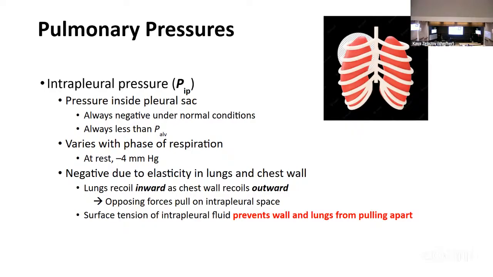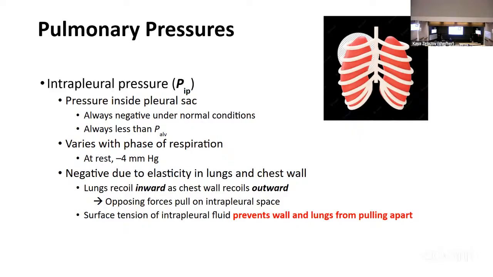So now we're going to add on our third lung pressure that we're thinking about. We're going to think about our intrapleural pressure. This is the pressure inside our pleural sac. So the pleura line the chest wall, and then they loop around and line the lung itself.